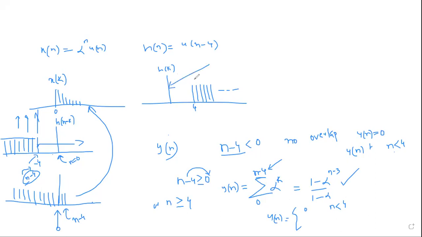In this problem, my impulse response starts from 4. That is why till 3, I don't have any output. From 4 onwards, I get my output: 1 minus alpha to the power n minus 3 divided by 1 minus alpha, for n greater than or equal to 4.